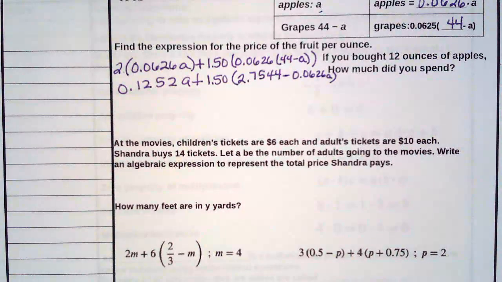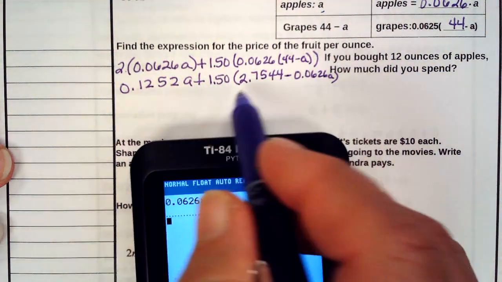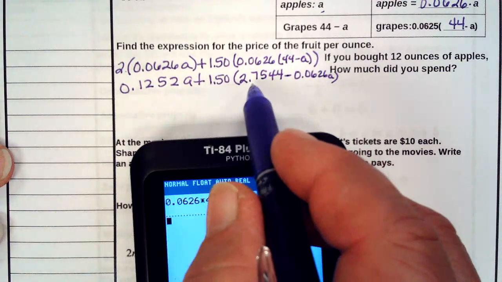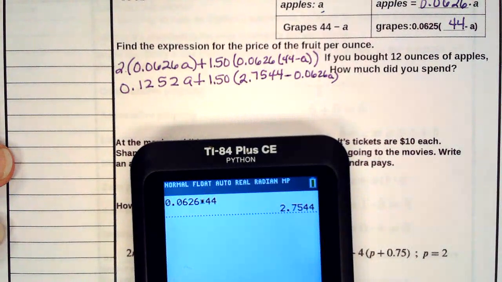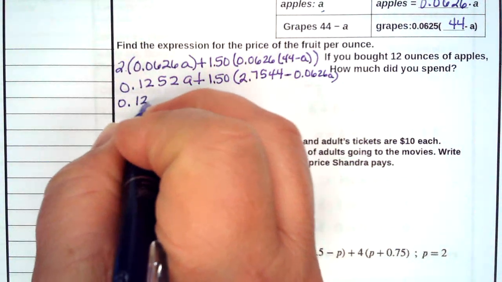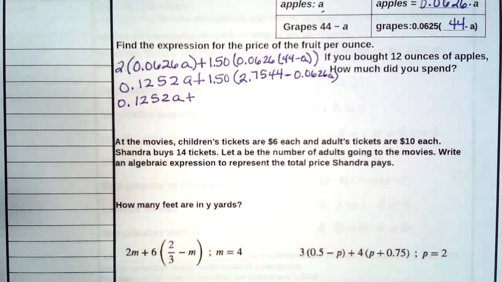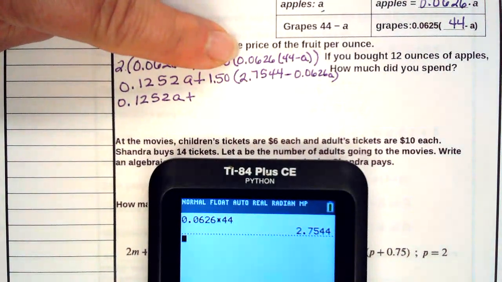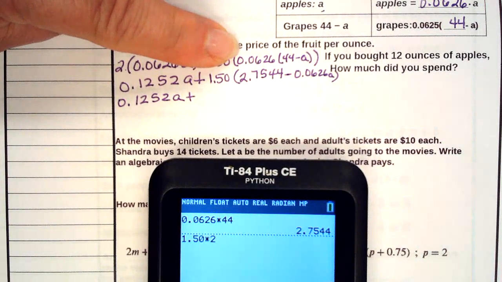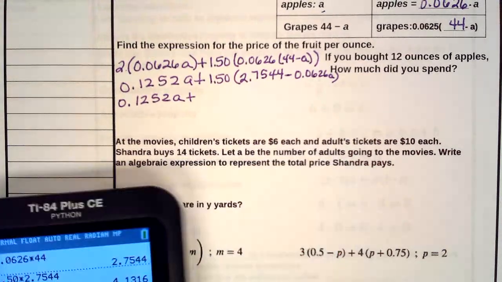I should give myself more room, huh? Okay, now what? Well, now we're going to distribute the $1.50. So the first one doesn't change. 0.1252 A plus 1.50 times 2.7544. I get 4.1316.